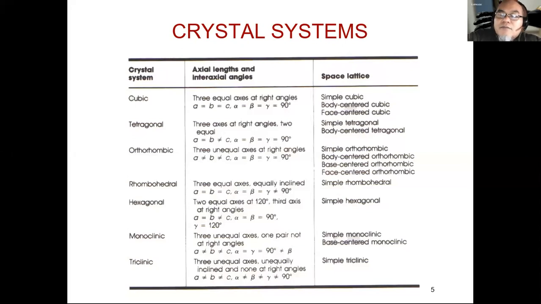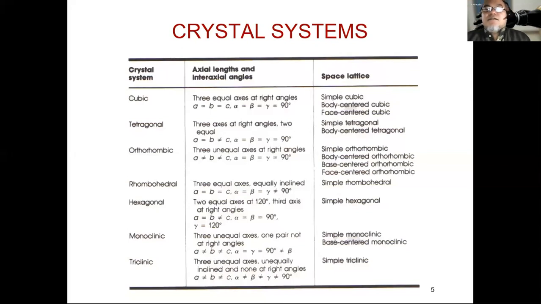Orthorhombic has the most lattice systems, four: simple orthorhombic, only at the corners; body centered orthorhombic, at the corners plus one at the center; base center orthorhombic, at the corners as well as at the bottom and top sides of the orthorhombic structure; and then face center orthorhombic, which is similar to face center cubic.